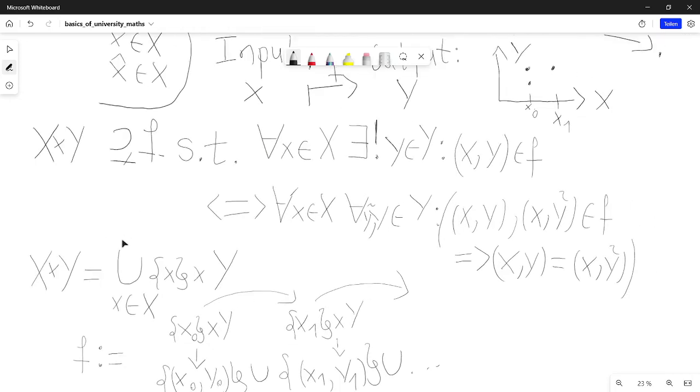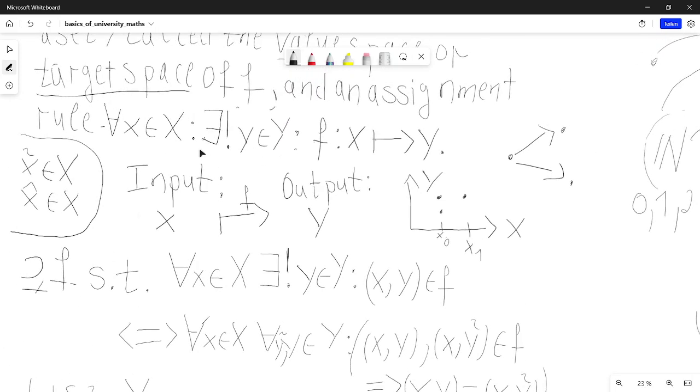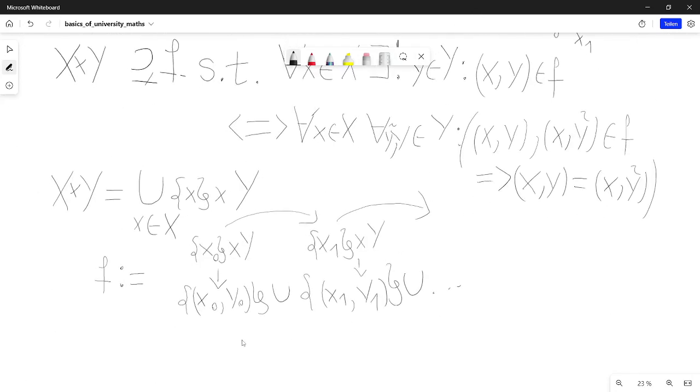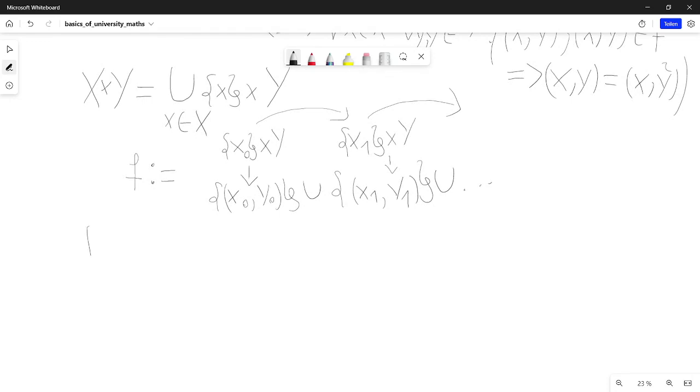Okay, so we encountered the notion of a map, and it is just an assignment that takes each element of the domain separately. It assigns to this element a unique output. And of course, as always, definition.